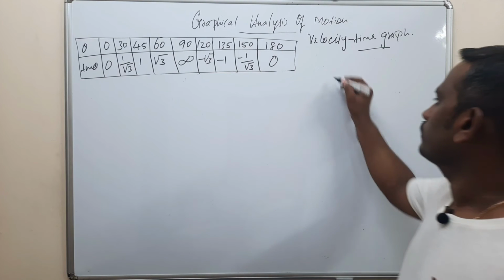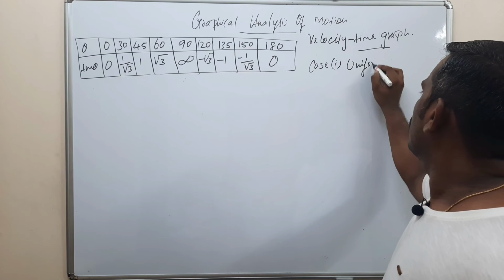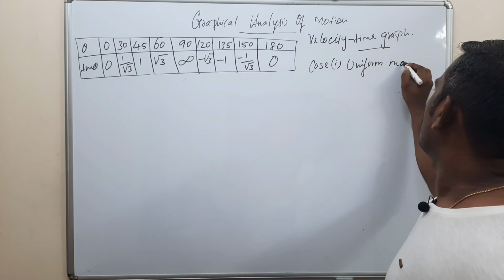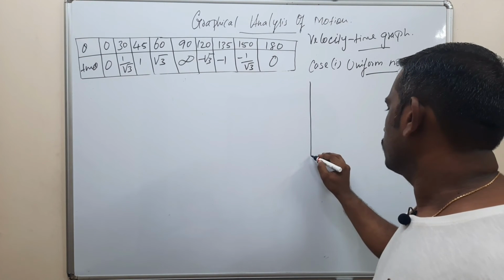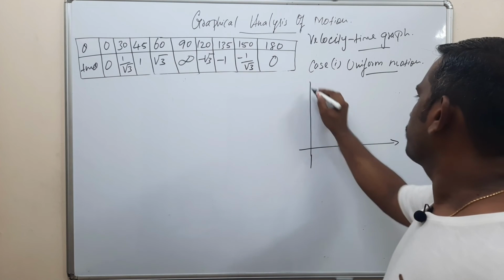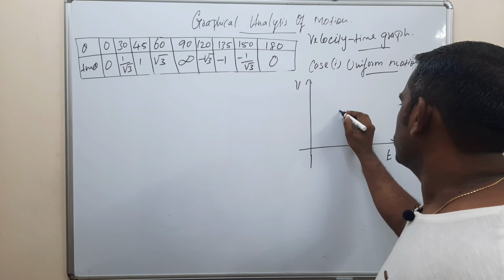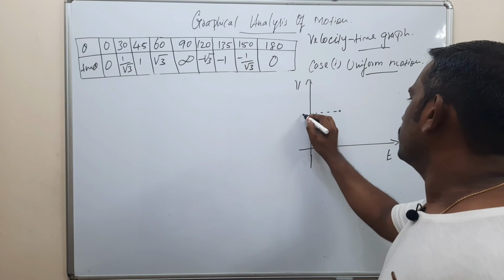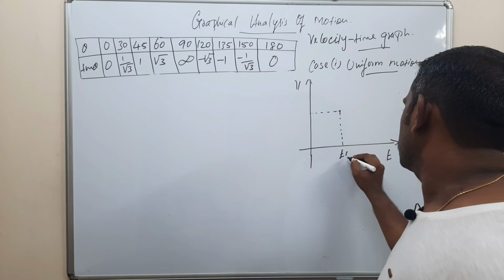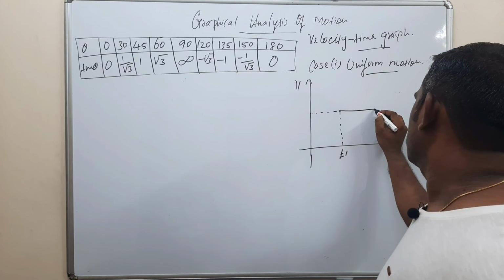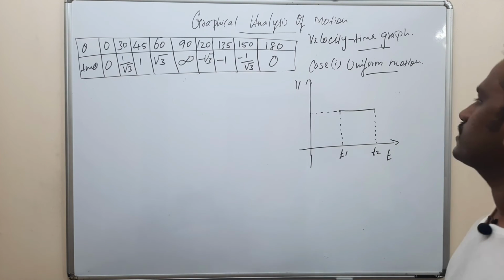Case 1, uniform motion. In the velocity time graph, at a time T1 it has a velocity, and at T2 it has the same velocity.